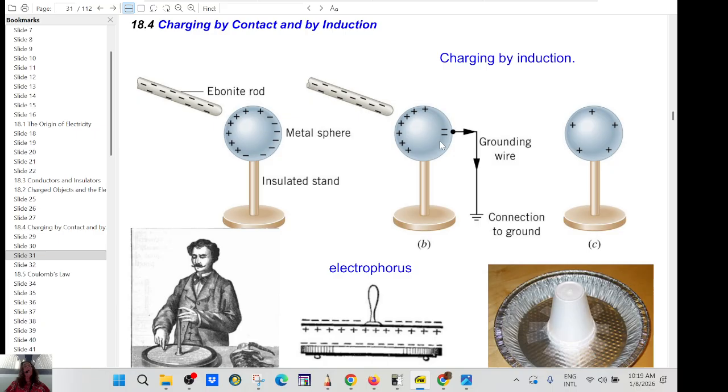It's not that you are charging it directly, it's that at the end you're going to have more plus than minus. Some minus have left to the ground and the plus were trapped here because they're attracted. So yes, you are depolarizing it and it becomes positively charged.